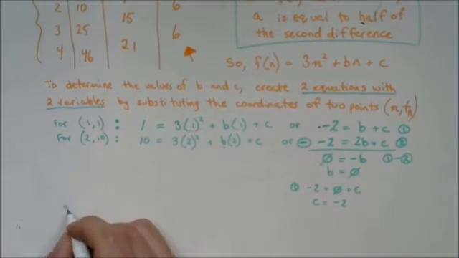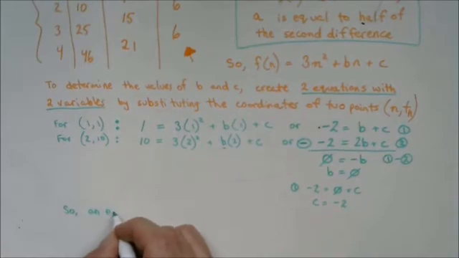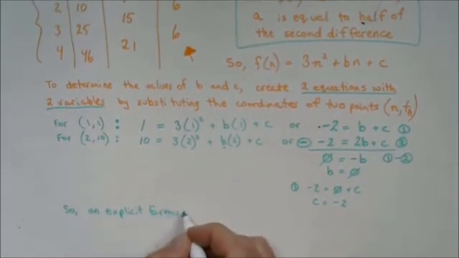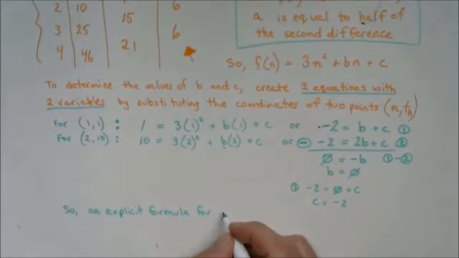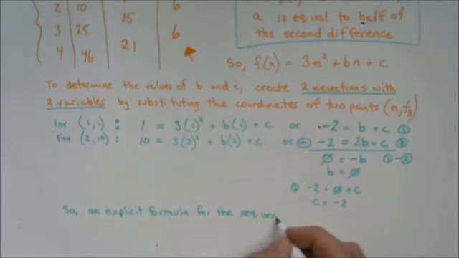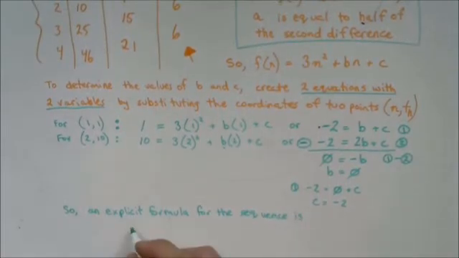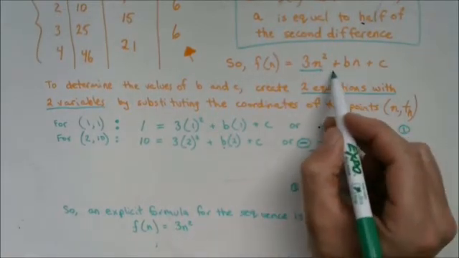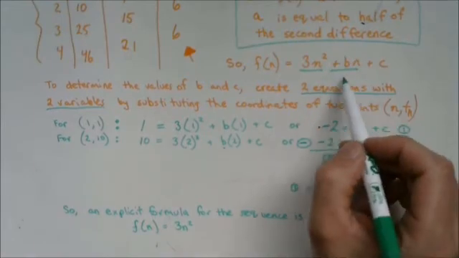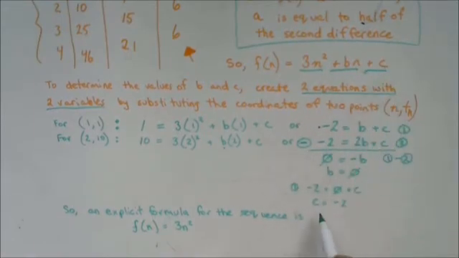So an explicit formula for the sequence is f of n is equal to 3n squared plus bn, b is 0, so that eliminates that whole term, plus c. c is -2.